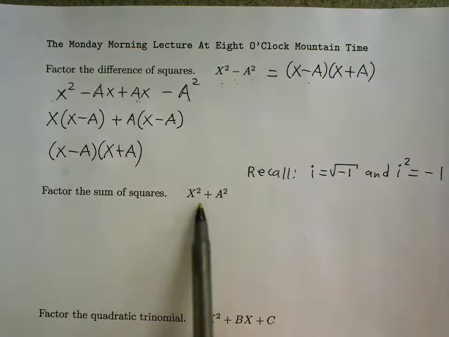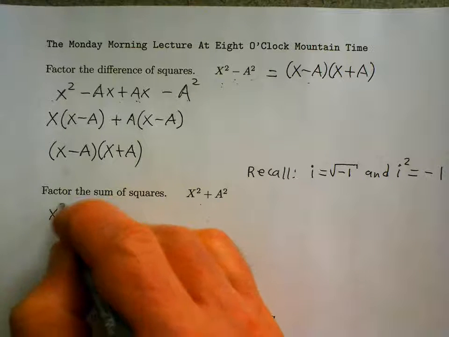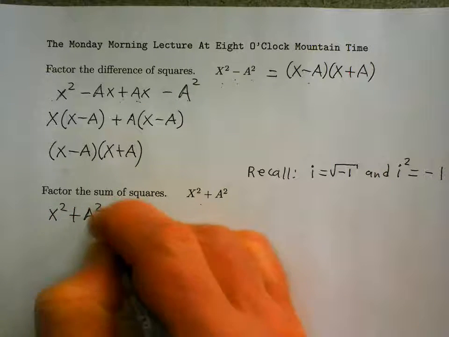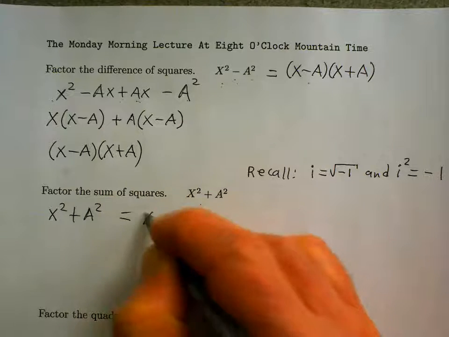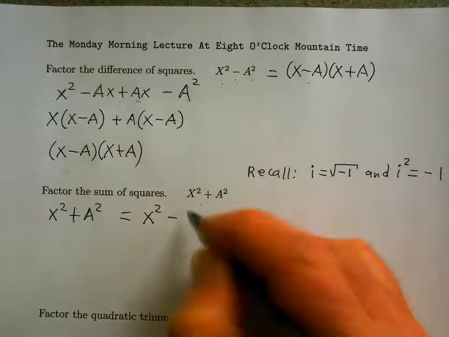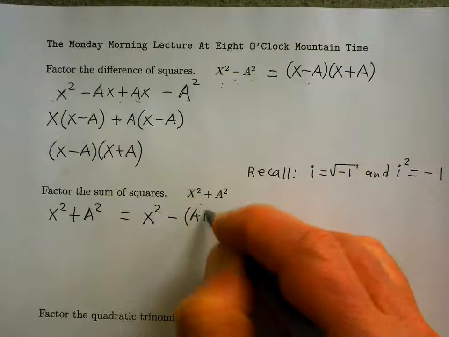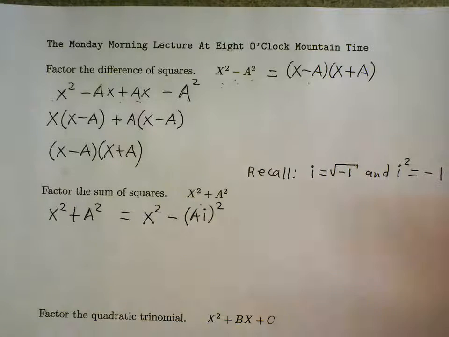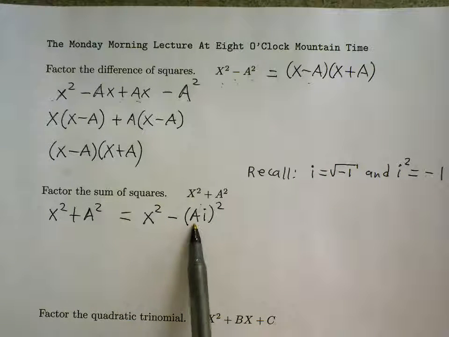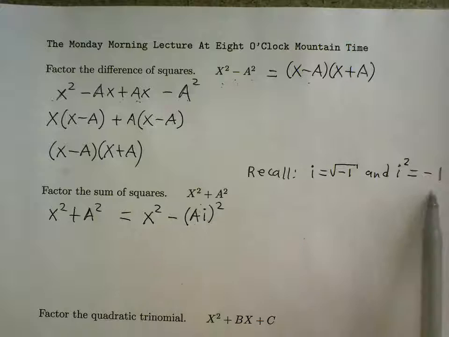So we're going to rewrite x squared plus a squared as x to the second minus the quantity a times i squared. So if you square a times i, you get a squared i squared, but remember i squared is -1.